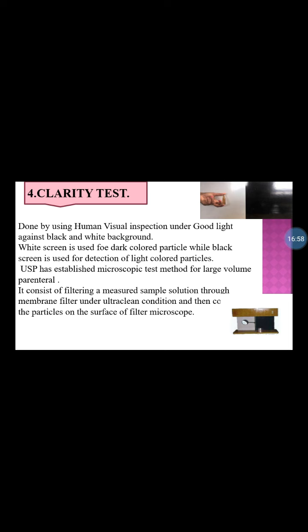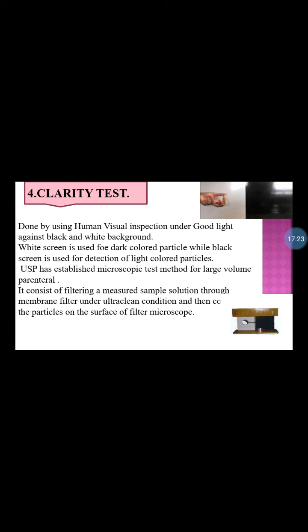USP has established a microscopic test method for large volume parenterals. It consists of filtering a measured sample solution through a membrane filter under ultra clean conditions and then examining the particles on the surface of the filter under a microscope.